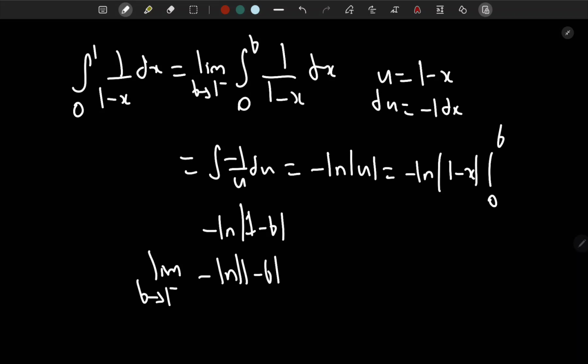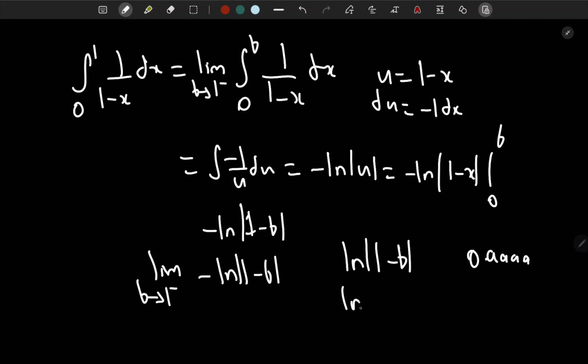So now let's ignore the minus sign for now and just look at what we have over here. So we have ln 1 minus b, absolute value, right? And we know that b is approaching something like 0.99999. So what we can do here is we can substitute this on our calculator.